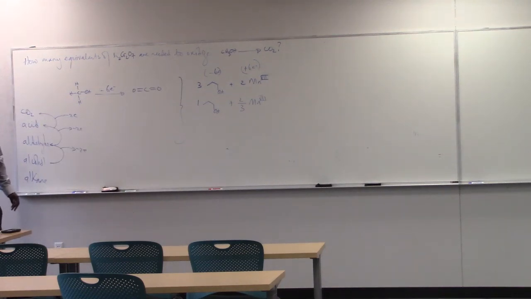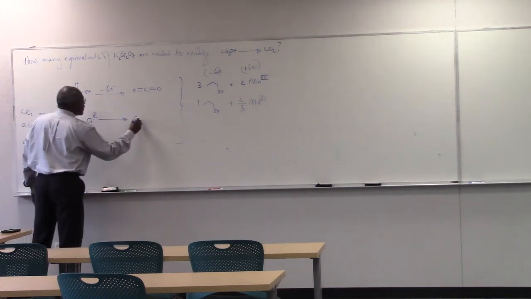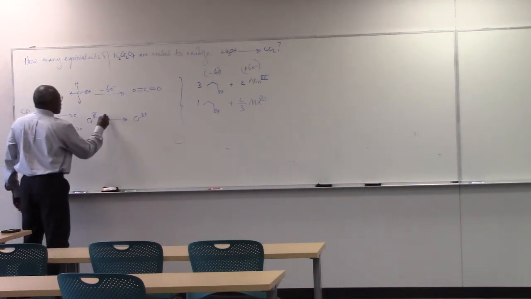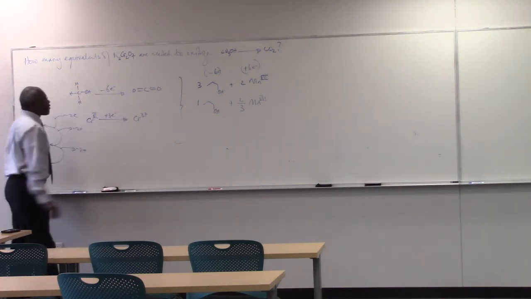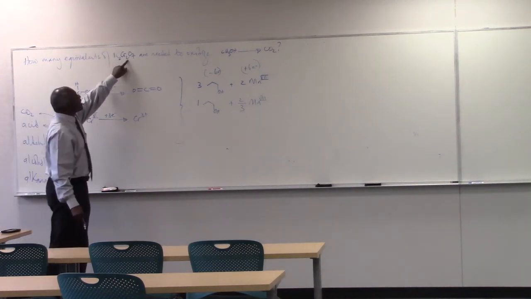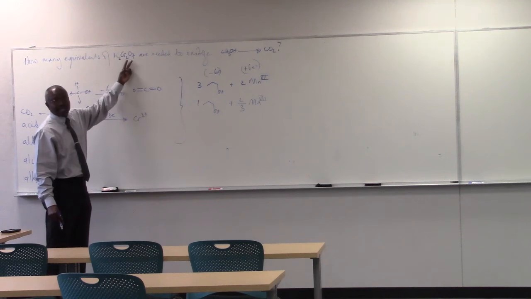The dichromate, if you remember, is chromium 6. And that goes to chromium 3+, orange to green. That represents a 3 electron gain. But here's the trick: dichromate means there are 2 chromium 6s in this species.